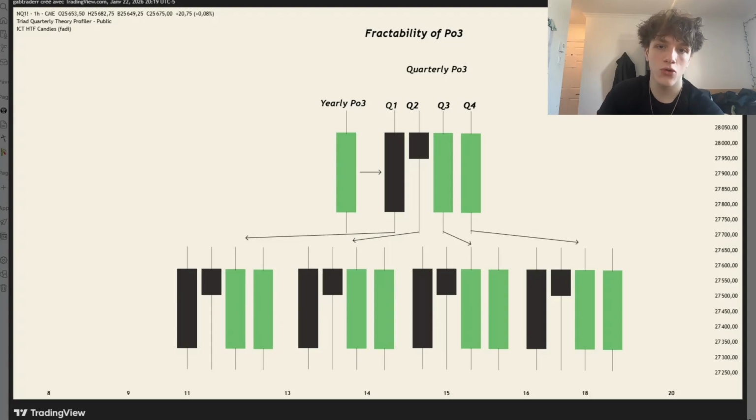In each of those quarterly power of 3s, we'll have 4 different monthly power of 3s. I didn't draw it, but it's the same idea. Inside of each monthly power of 3, we'll have 4 different weekly, and inside of each weekly, we'll have 4 different daily.